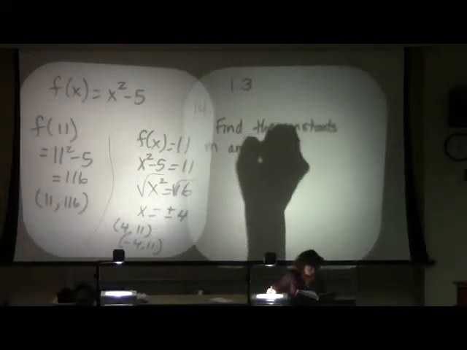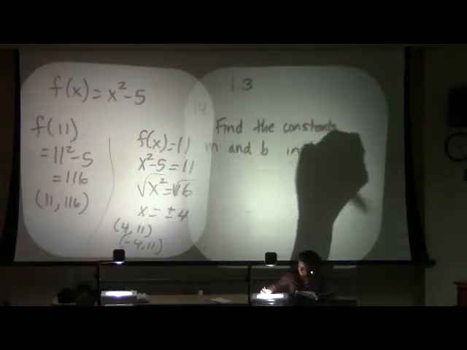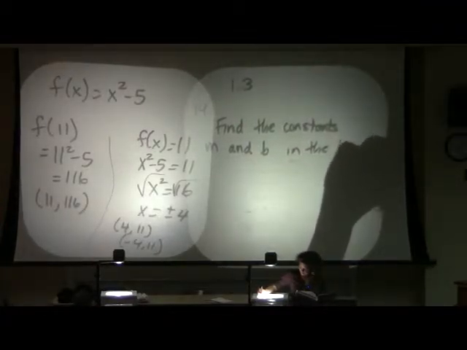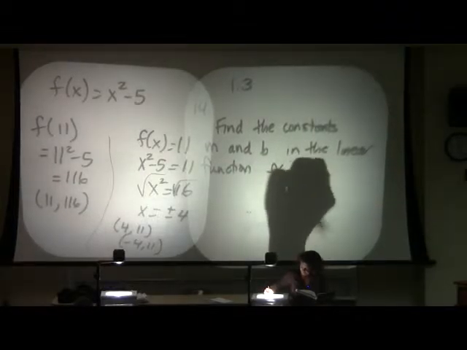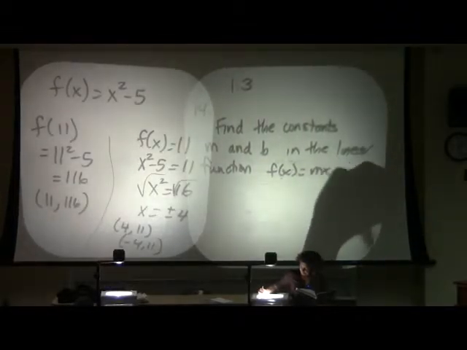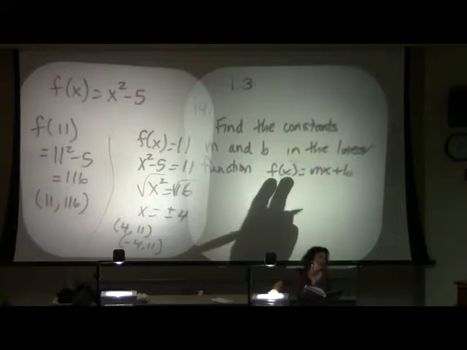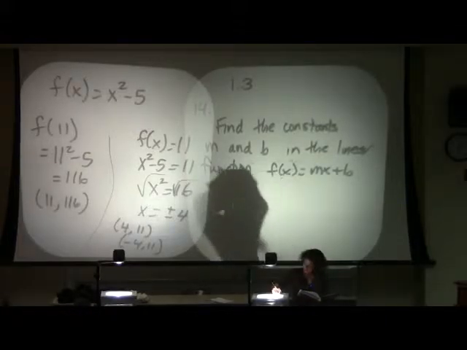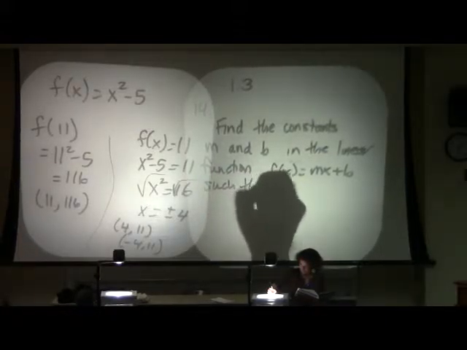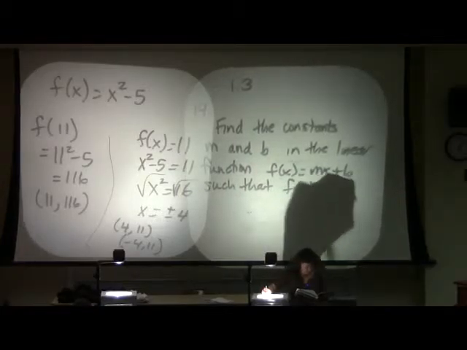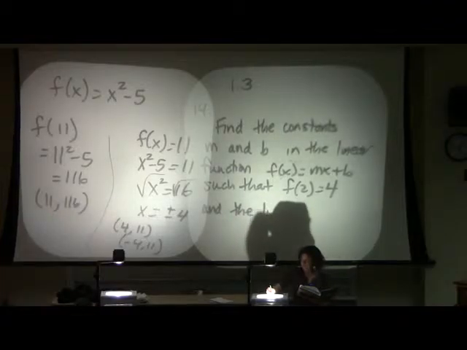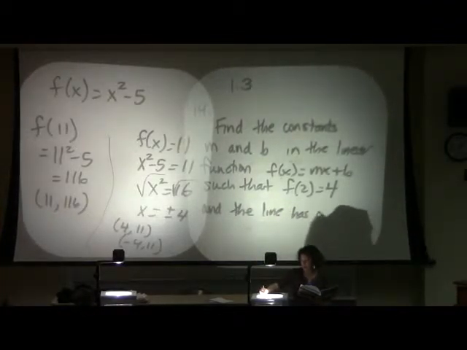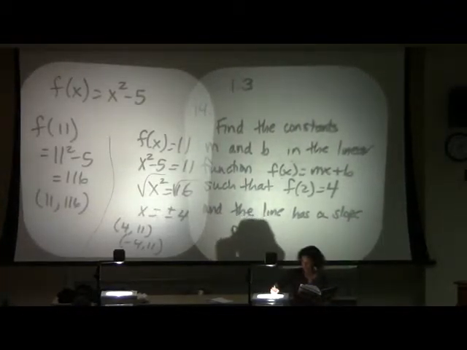m and b in the linear function f of x equals mx plus b. So f of x and y are the same thing, such that f of 2 is equal to 4, and the line has a slope of negative 1.